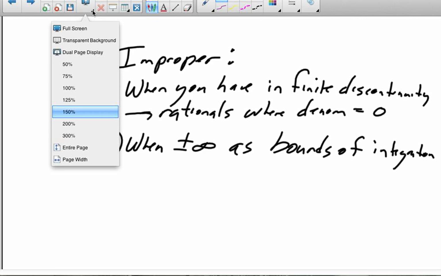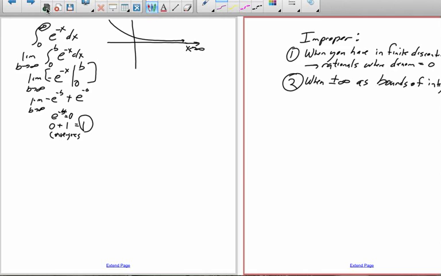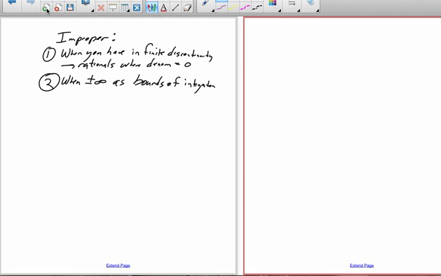Once you find out that you have an improper integral, the next thing is to find whether or not it converges.